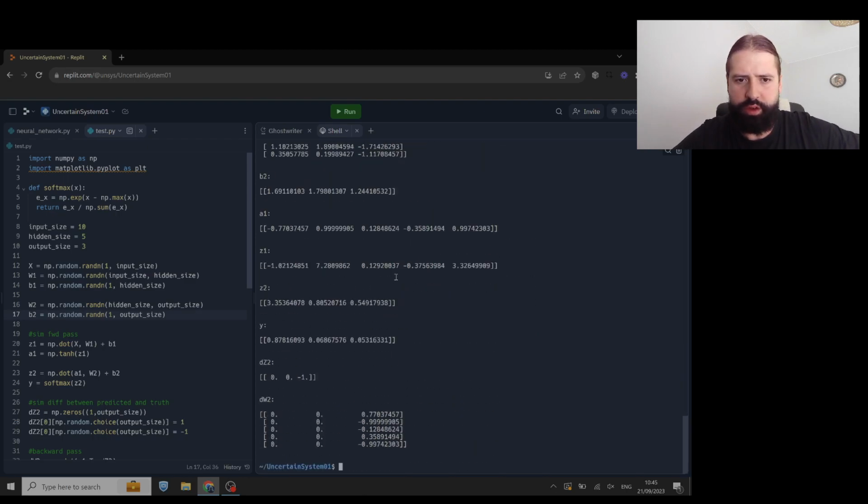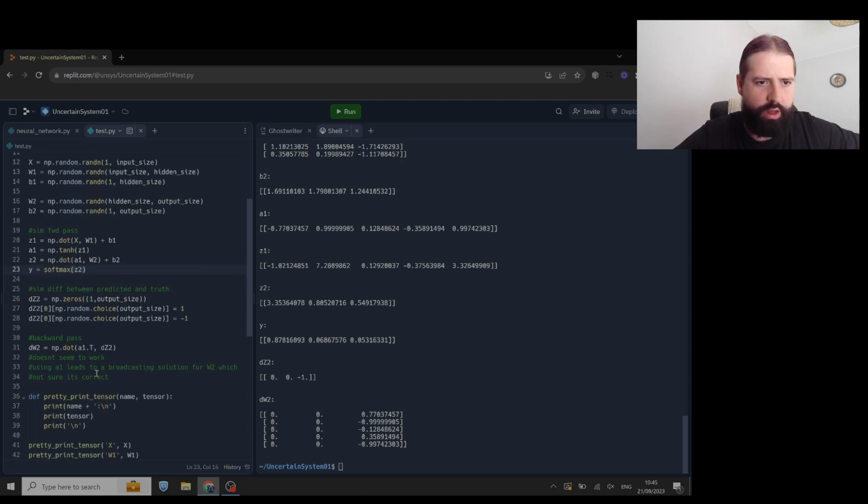So no, they are not zeros anymore. Okay. So this is kind of fun in a way, right? So then this is what we're kind of doing. Okay, so the diff, right?